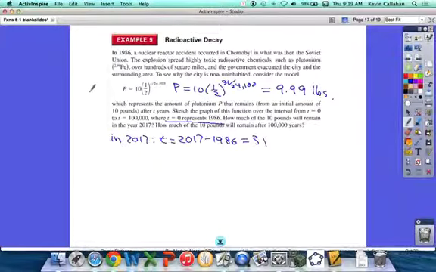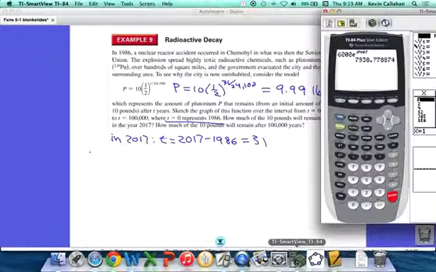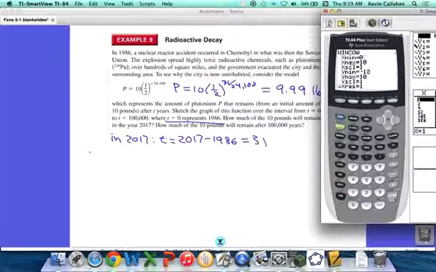Okay. So let's see. Now, if you had to sketch the graph, some of them do ask to sketch the graph. I mean, you can enter this in the calculator easy enough. Usually it's setting the window that you've got to figure out. They told you to use x values that go from 0 to 100,000, right? So in the calculator, I would go here in the window, 0 to 100,000.